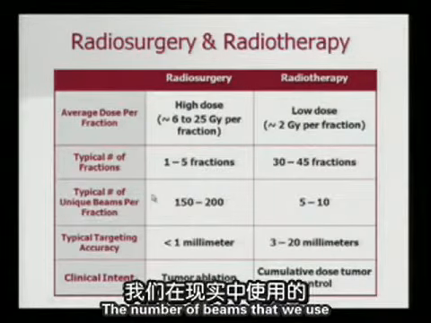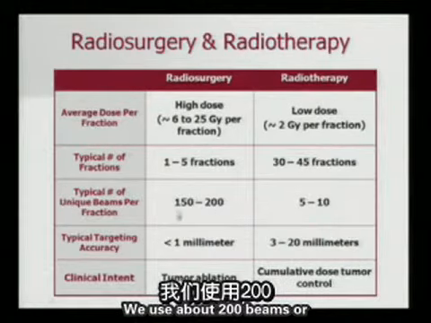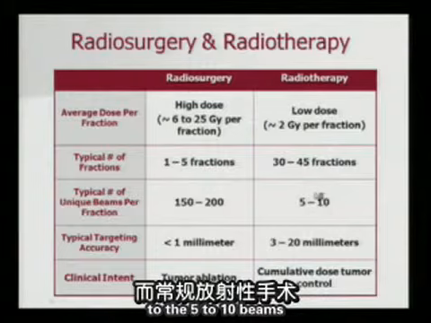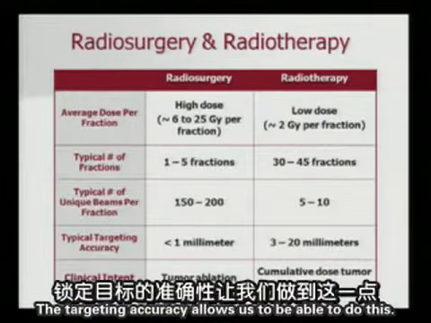The number of beams that we use to actually achieve this is also much different. We use about 150 to 200 beams of radiation, compared to the 5 to 10 beams with conventional types of radiation therapy. The targeting accuracy allows us to be able to do this.